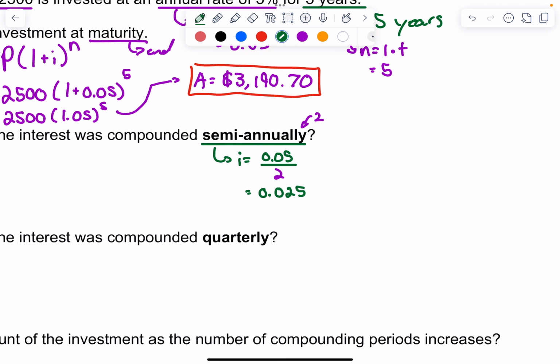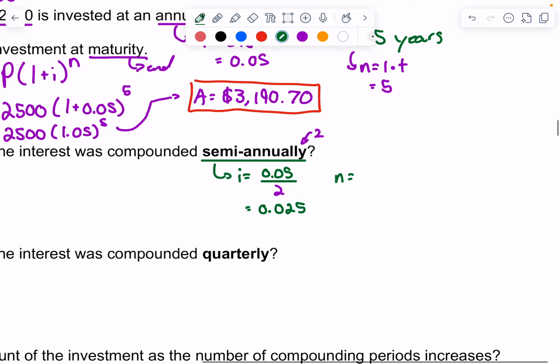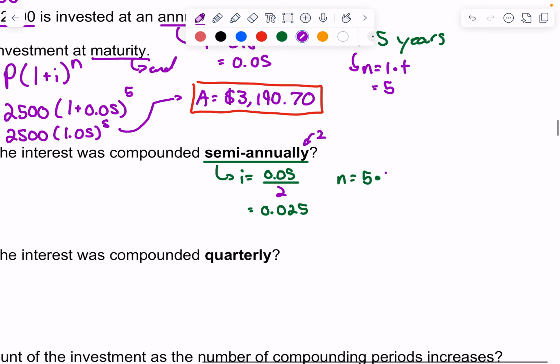And then your n value is how many compounding happens. Your investment is going for 5 years, and you are multiplying that by how many compounding happened in 5 years. So if this is ticking away for 5 years, there are going to be 10 compounding periods, okay?